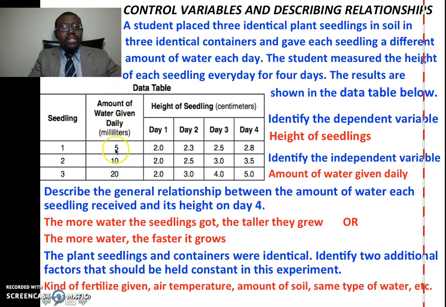The amount of water is what we are testing. That is the only thing we are changing. We are testing the effect of the amount of water, so we are keeping all other things the same. So the other things we are keeping constant, or the control variables, are the kind of fertilizer given, air temperature, amount of soil, and the same type of water.